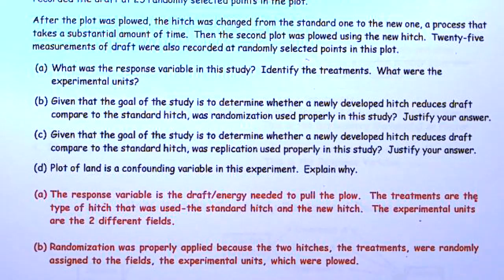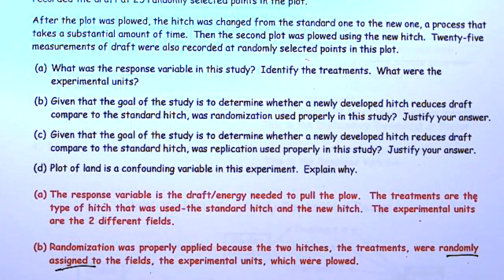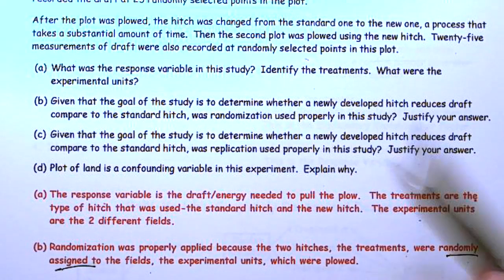They didn't tell us how, but they said they did randomly assign it, so we're going to say they did it properly. Once again, we can't just say random assignment was provided. We have to put it in context. The context is two hitches were randomly assigned to the fields. Context, please don't forget context.